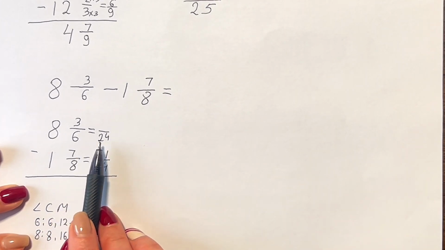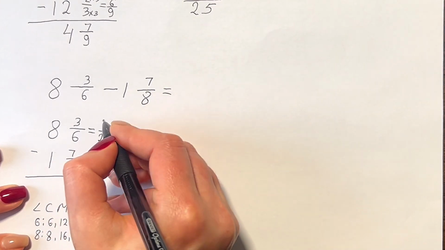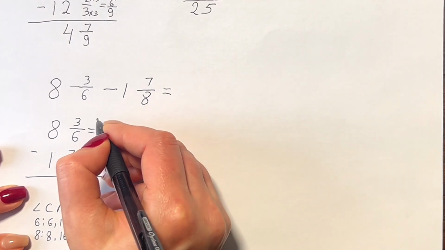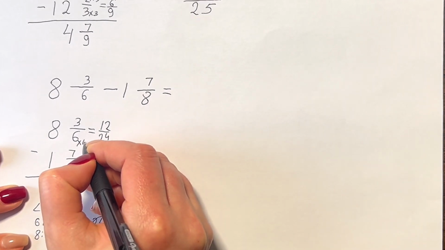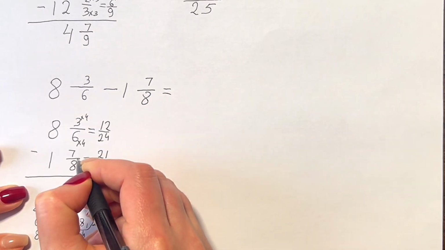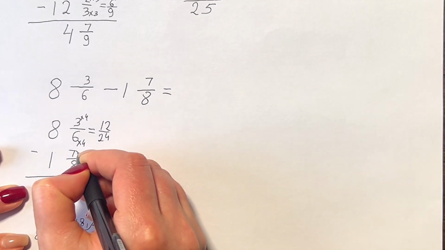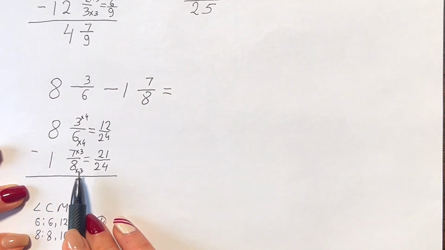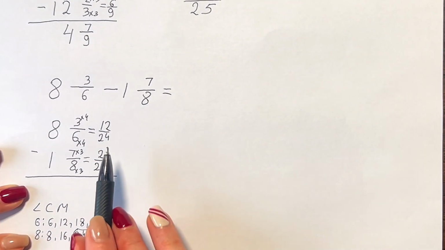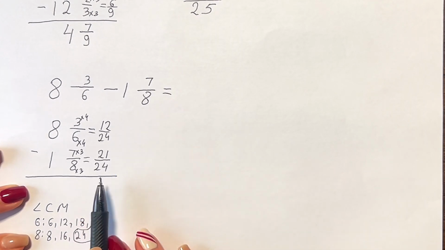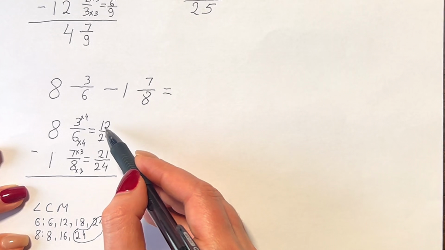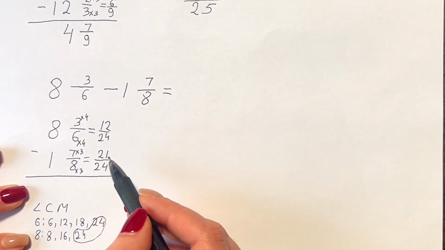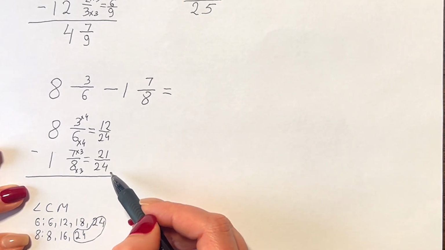Okay, 6 times 4 is 24. 3 times 4 will be 12. So I just multiplied both numerator and denominator by the same number to get the same denominator eventually. Now, I have 12 over 24 minus 21 over 24.